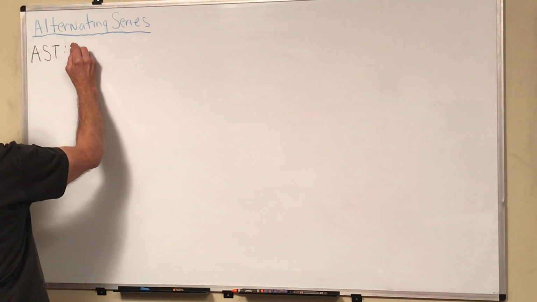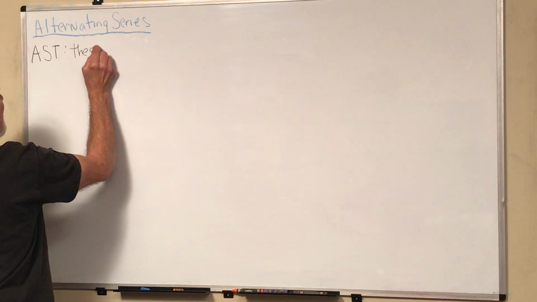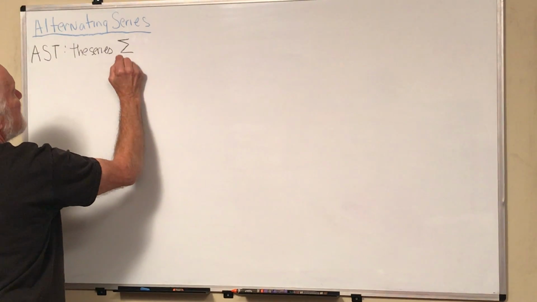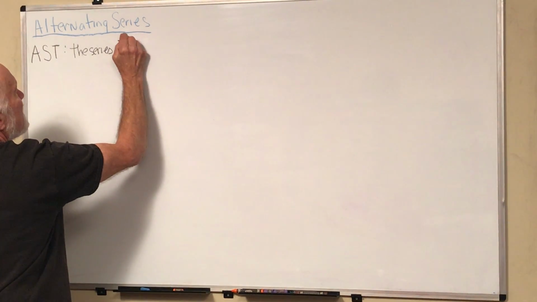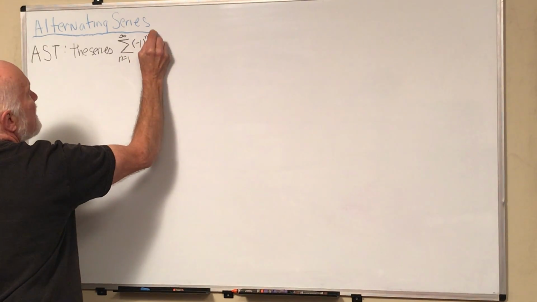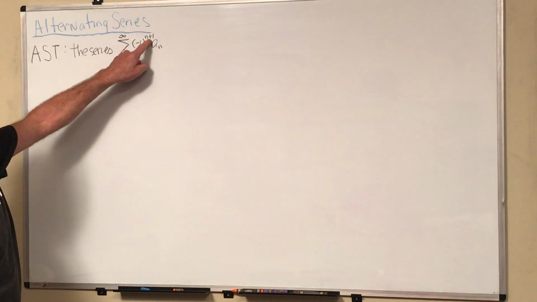And it says the series, and this is what it would look like. So you've got -1 to the n plus 1.